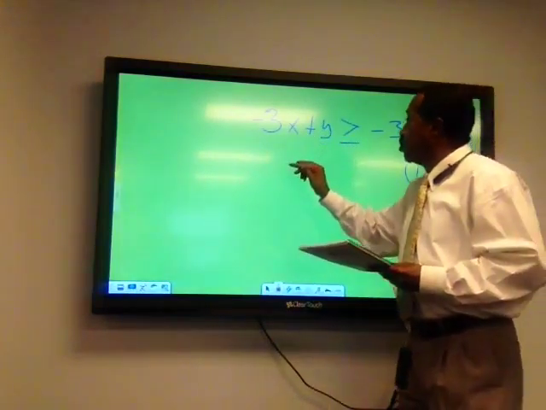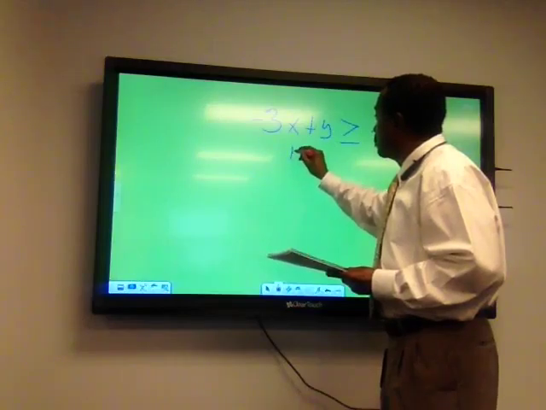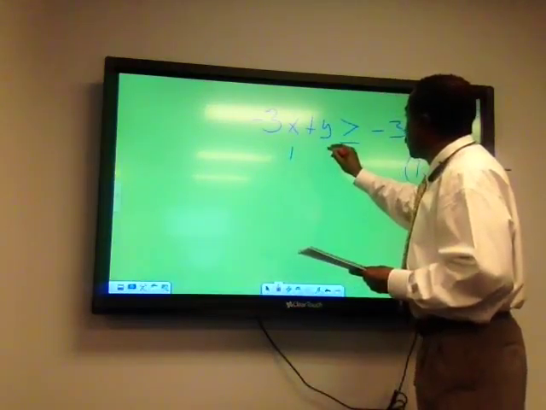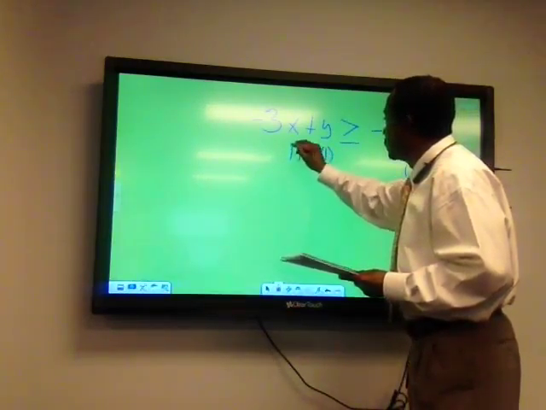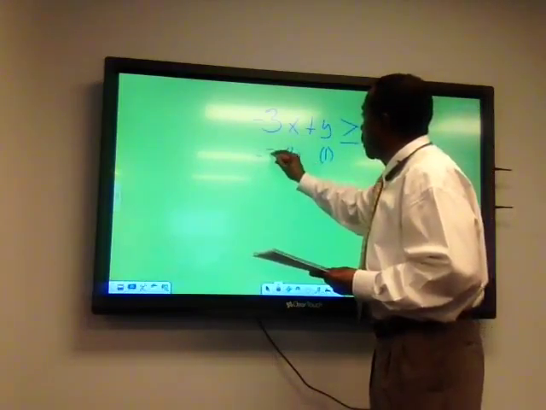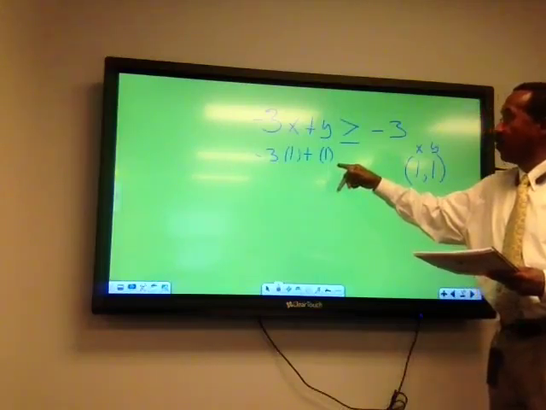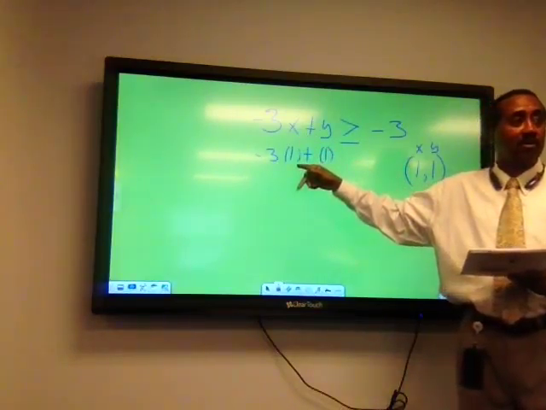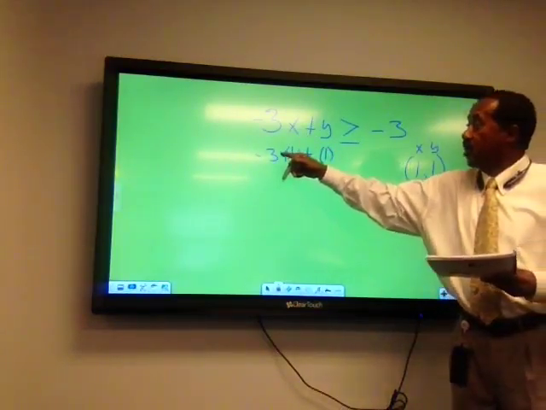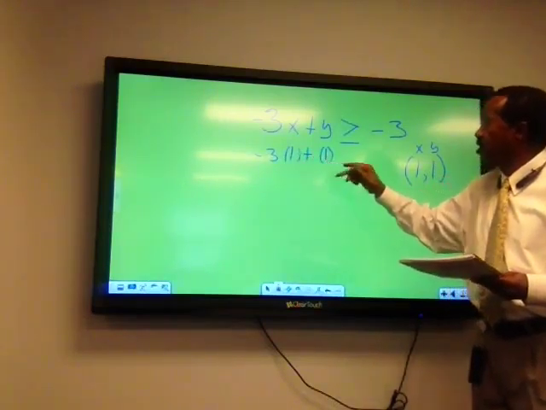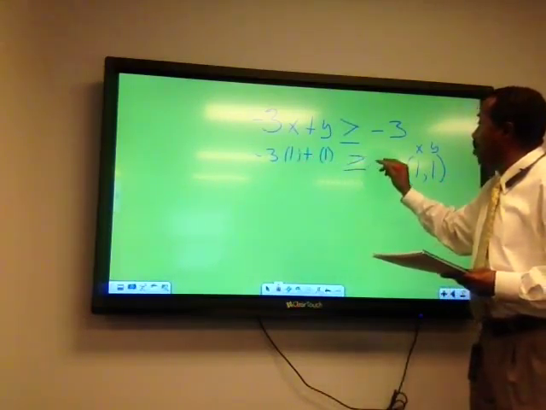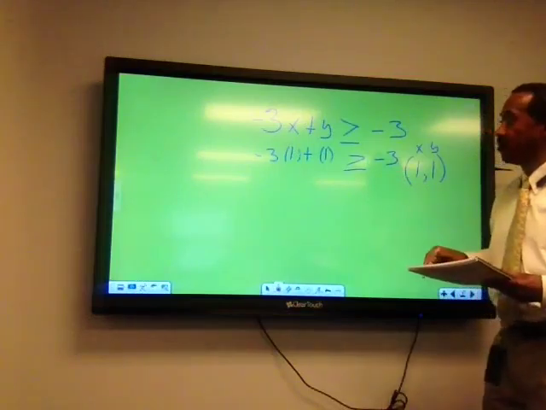I can substitute here and here. So that means I can have negative 3 times my x plus my y. What is my x? 1, right? So negative 3 times 1 plus negative 1, I say must be greater than or equal to negative 3.